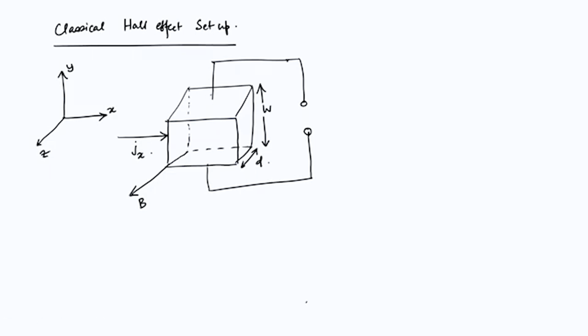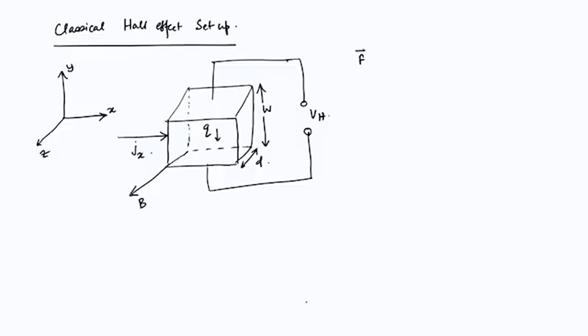So the top and the bottom planes are connected to a voltage measuring device, which is denoted by VH, which measures the Hall voltage. So there are these charges which experience Lorentz force, and these charges are moving because you are talking about almost like a free electron system.